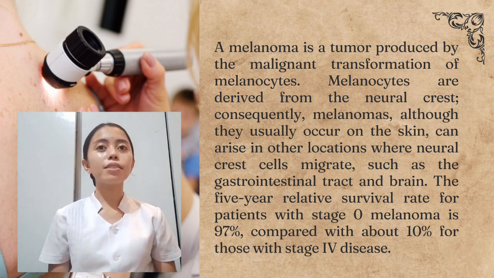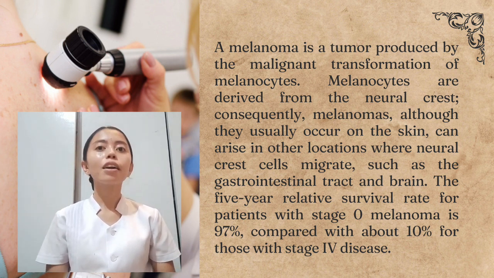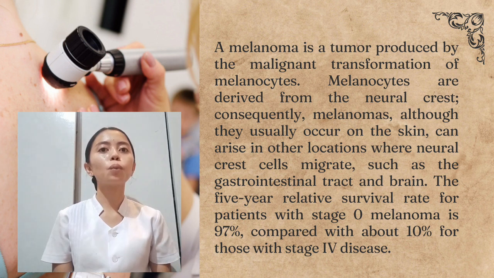So a melanoma is a tumor produced by the malignant transformation of melanocytes. Melanocytes are derived from the neural crest. Consequently, melanomas, although they usually occur on the skin, can arise in other locations where neural crest cells migrate, such as the gastrointestinal tract and brain.